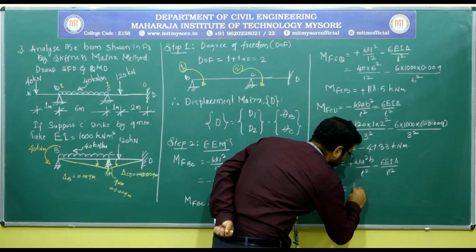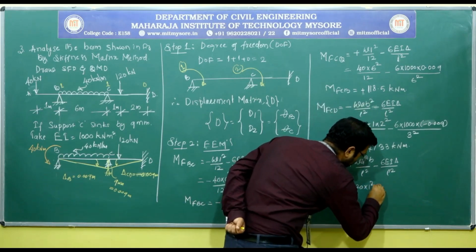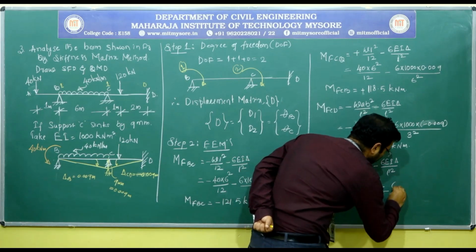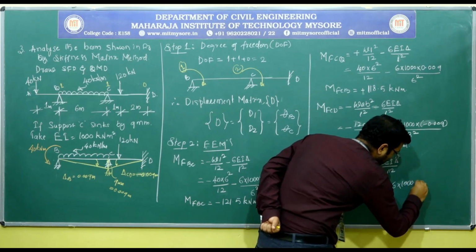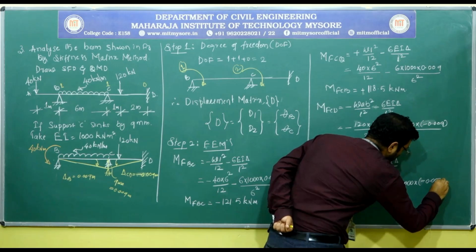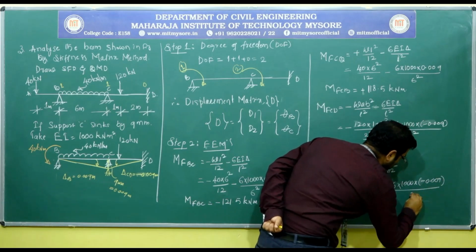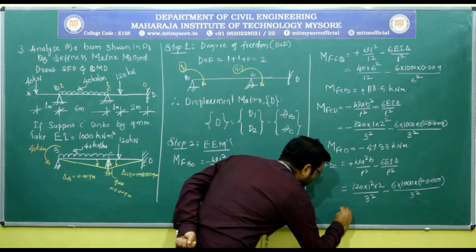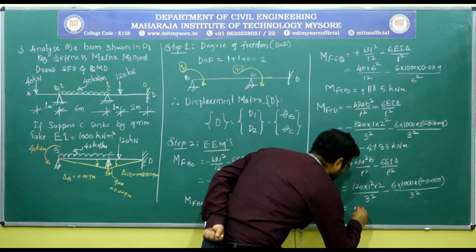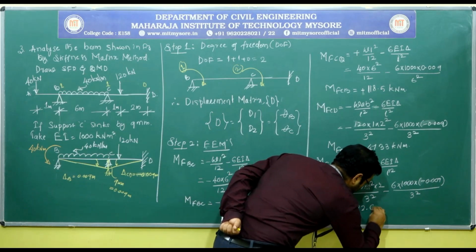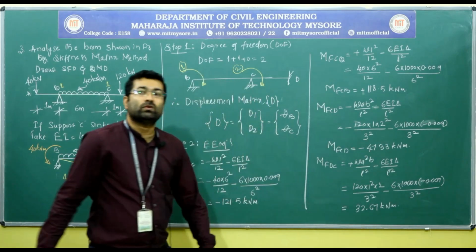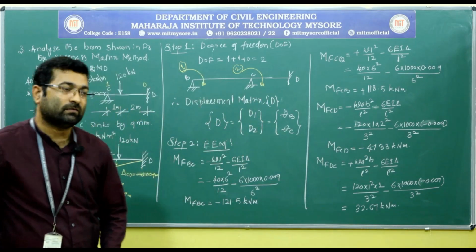So this is 120 into 1 square into 2 divided by 3 square, minus 6 into 1000 into minus 0.009 whole divided by 3 square, which yields a value of 32.67 kilonewton meter. So these are the fixed end moments.